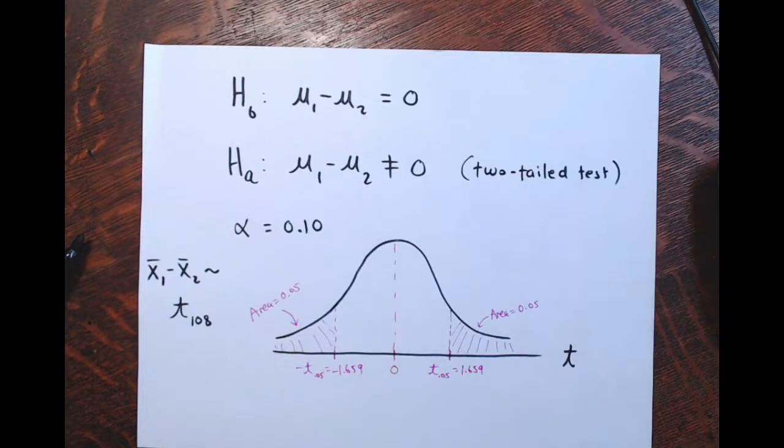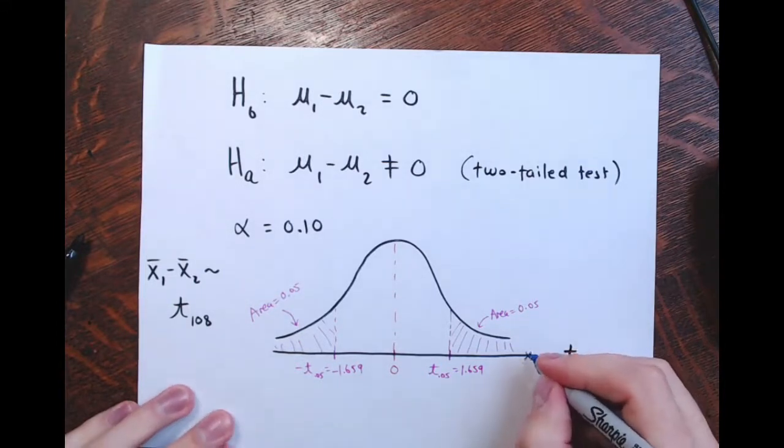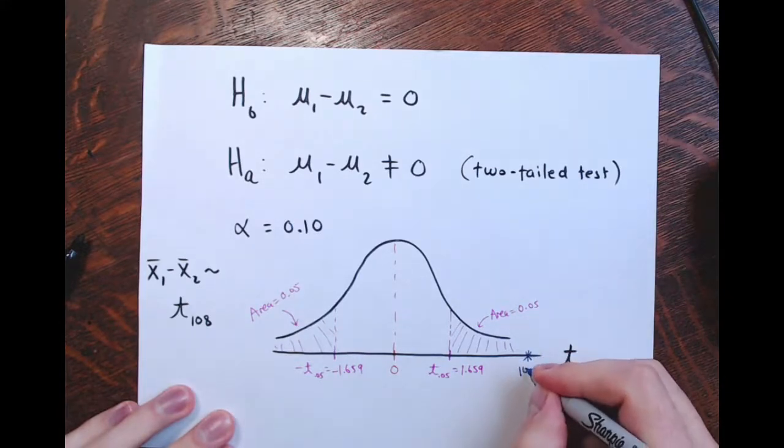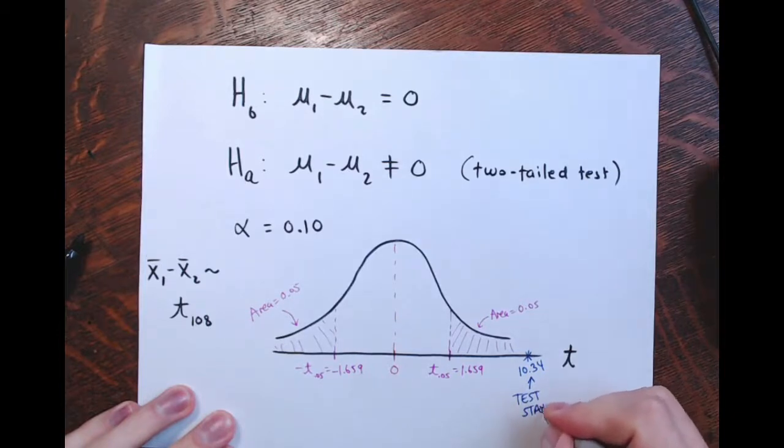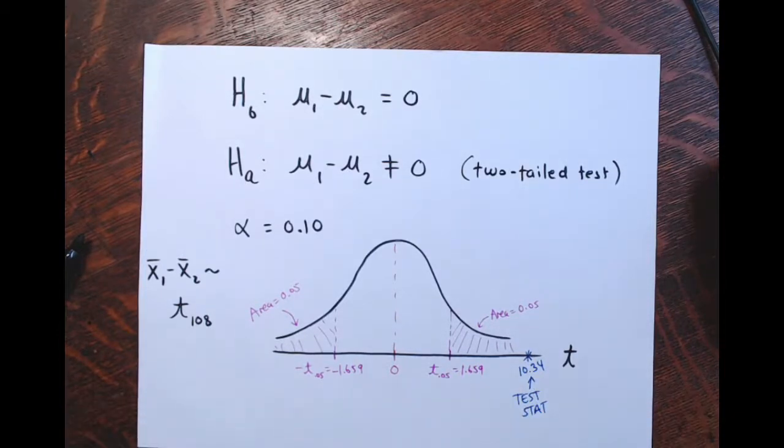And then where did our test statistic come up? Well, they gave that to us as well. They said the test statistic for this t-test was a t-score of 10.34. Yikes. 10.34, here's our test statistic. And that is clearly in one of these rejection regions.